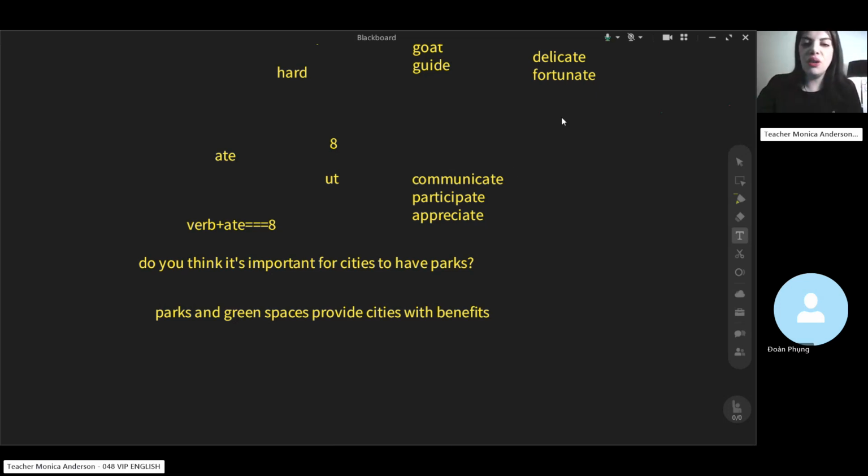So there are different ways. For example, you can say my city is known for its greenery or lush greenery and natural beauty. If you want to make it simple, let me write it here. My city is surrounded by trees and nature. You don't want to say green space, you can say greenery.